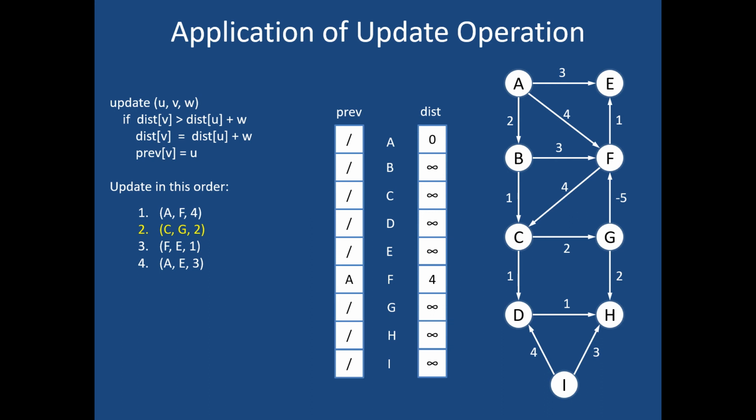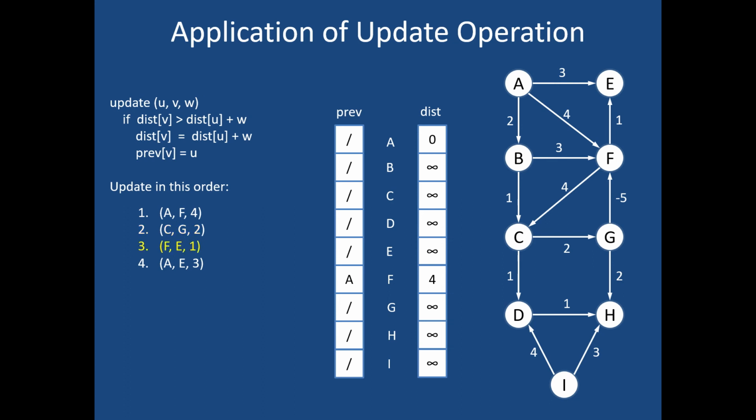So that tells you one thing. If you're going to do an update, don't bother if the known distance to U is infinite. There's no point. You need to do the update starting at the start, and initially the only thing you know anything about is A. So you want to start at the start and work out, which makes sense. Just updating in the middle doesn't help. That doesn't have any effect.